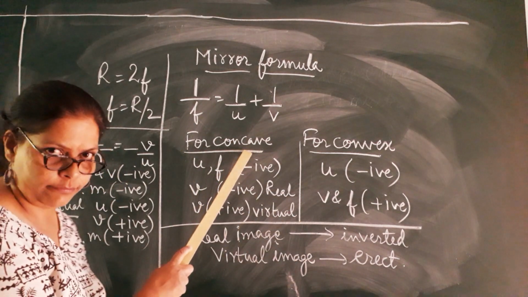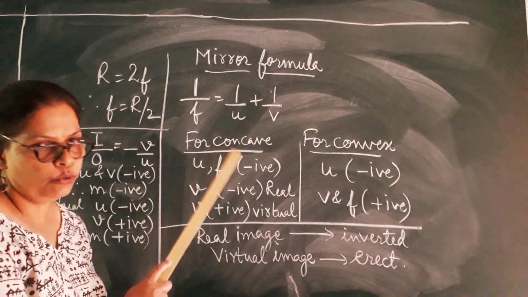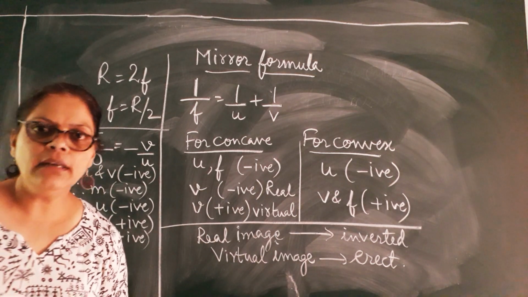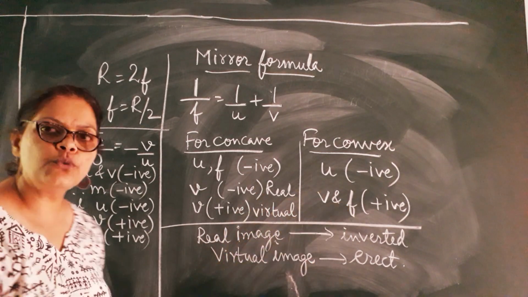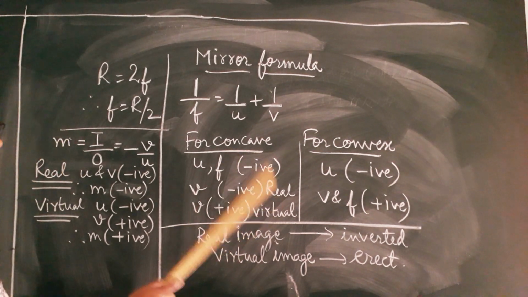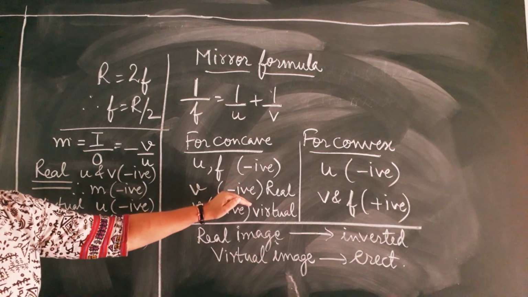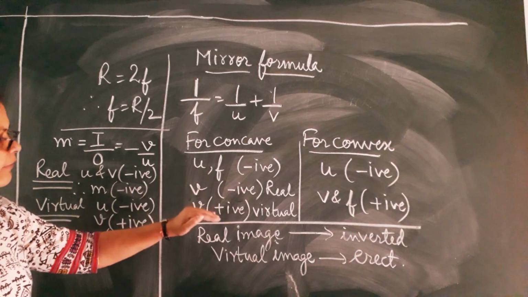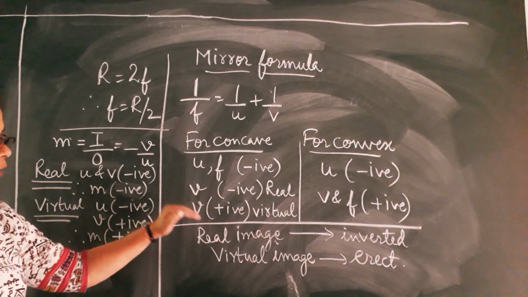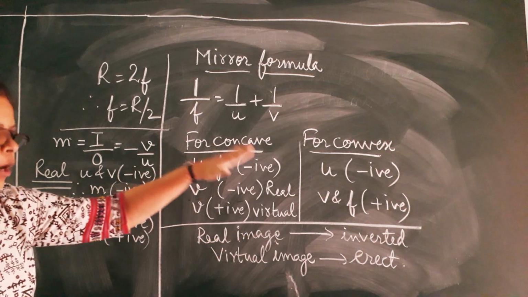For a concave mirror, you know that we have two types of images, one a real image and the other a virtual image. Whenever the image formed in a concave mirror is real, the value of v is always considered negative. And whenever we have a virtual image, the value of v is considered positive. So u and f are always negative.